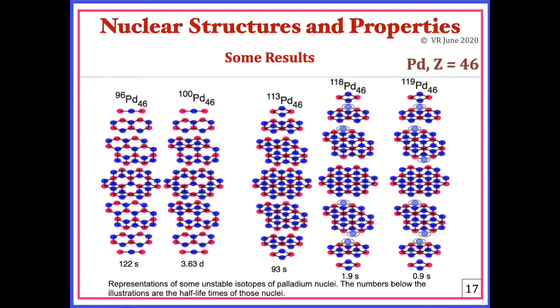It is now time to look at the structure of some of the radioactive palladium nuclei. They are shown here with a 2, 5, 10, 12, 10, 5, 2 proton layer structure. The isotopes 96 and 100Pd are still within the binding rules. 96Pd is the lowest mass number that complies with this structure.